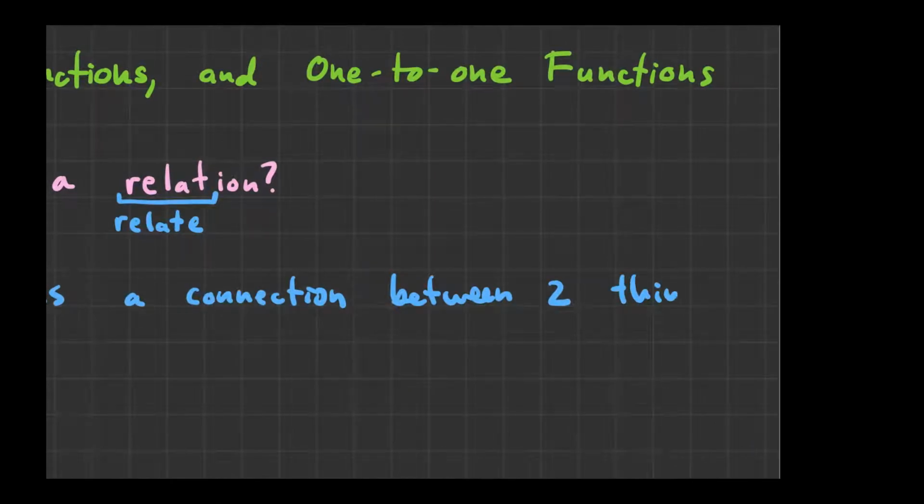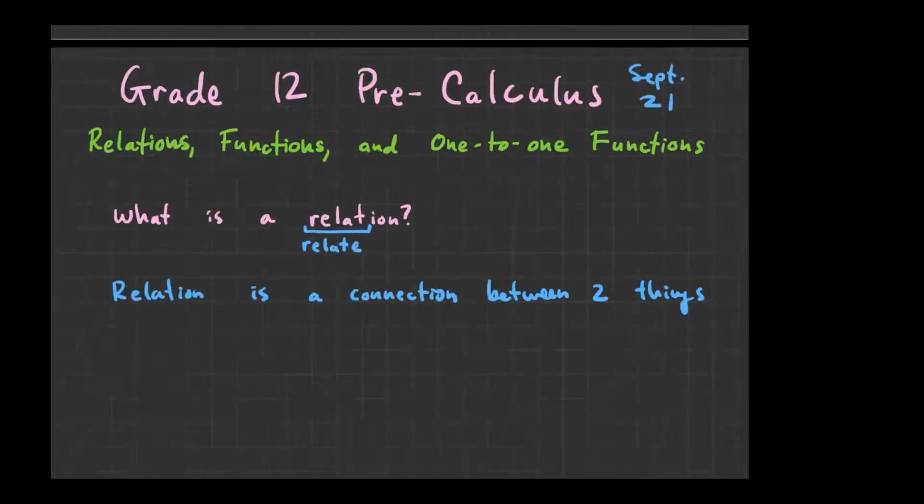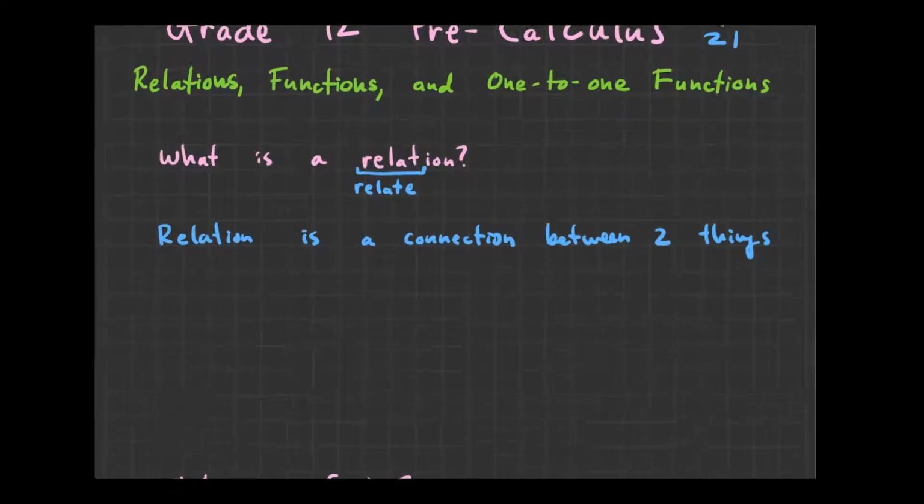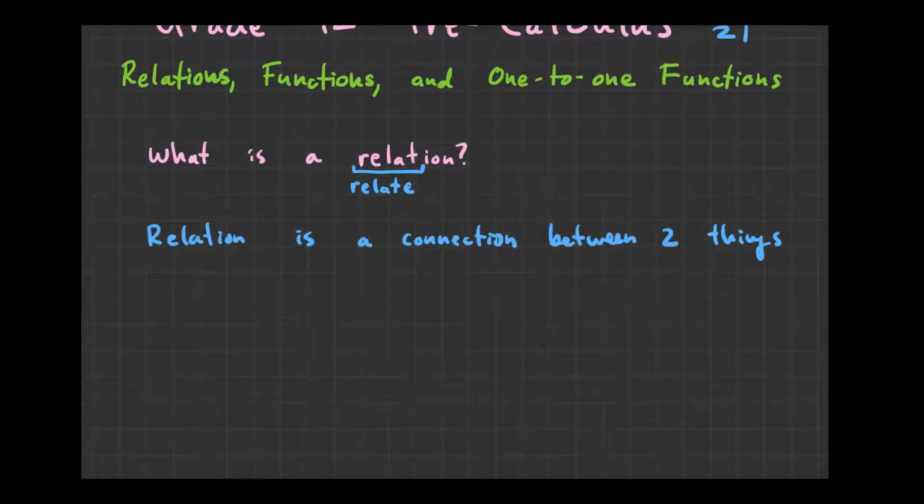Let me zoom out here so I don't have to keep scrolling. Okay, so a relation is a connection between two things. It doesn't matter what those two things are. Maybe you could say that you are related to your sister, right? That would be a relation. In general, in mathematics, we're often concerned about the relationship between numbers.